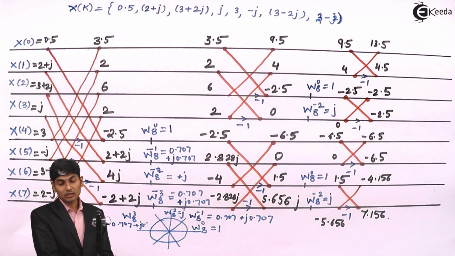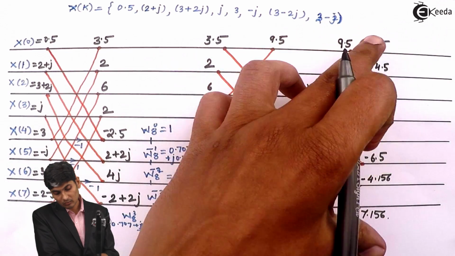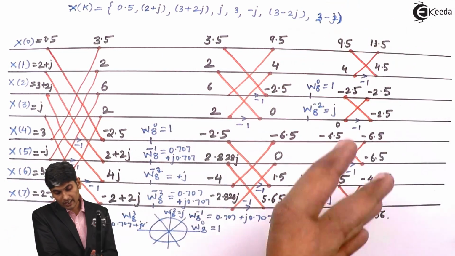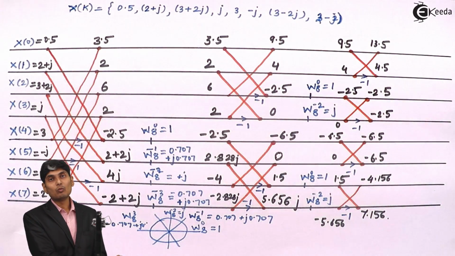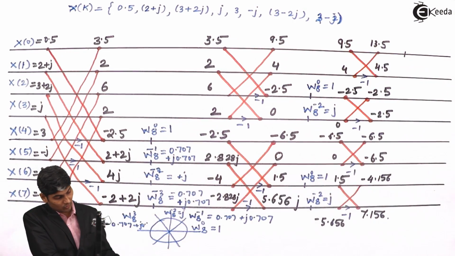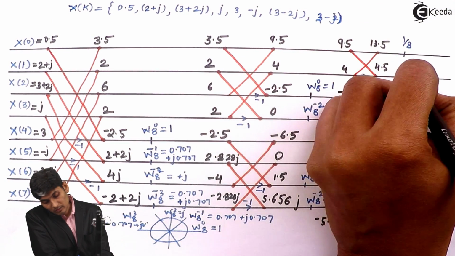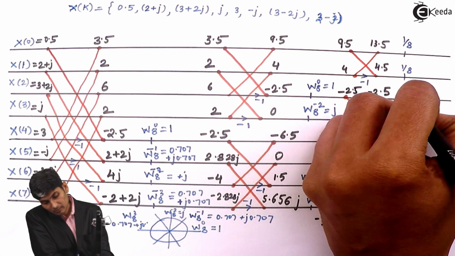Then this is not the final output. The final output will be if I divide this by 1/8. So we need to divide each sample. So there will be a multiplier on each line as 1/8, multiplier 1/8.